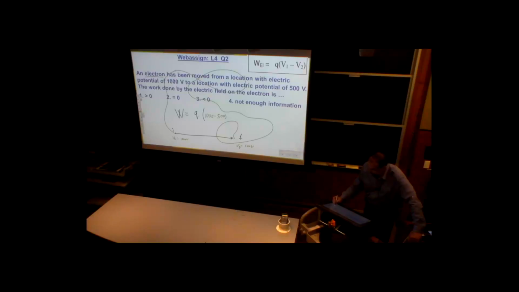And for the electron, the magnitude of this charge, this is what we call the elementary charge. The charge of a proton, actually. A charge of an electron is negative e. That's how people write it down. So we need to multiply two numbers, a negative and a positive, and that should give us a negative result.